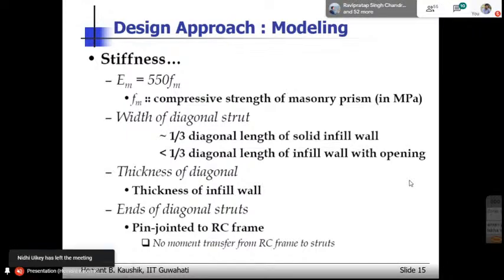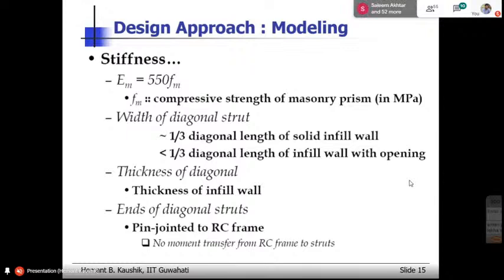Now, you can imagine that if there are openings, obviously the contribution of the infill to the overall lateral load capacity will reduce. The stiffness will reduce. The strength will reduce because of the presence of openings. So obviously the width of the diagonal strut has to be reduced, because if you consider AE by L, that is the stiffness.